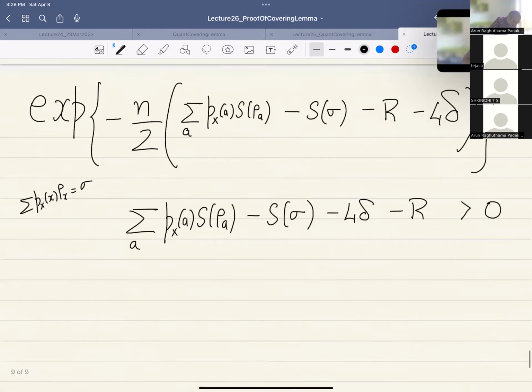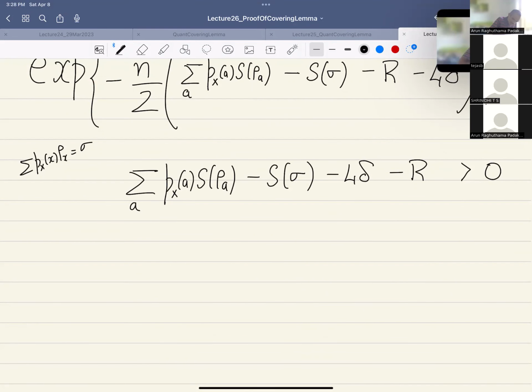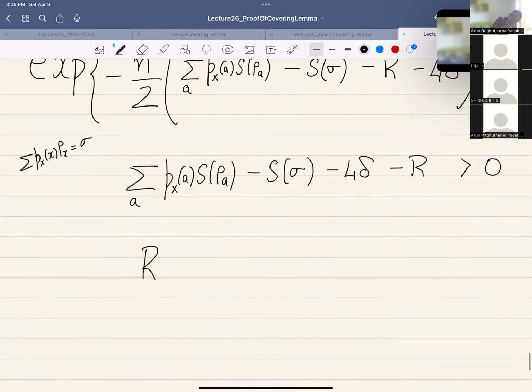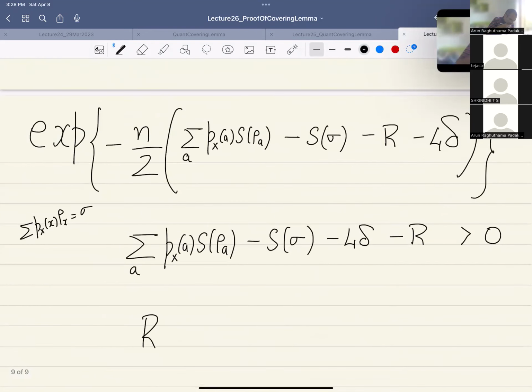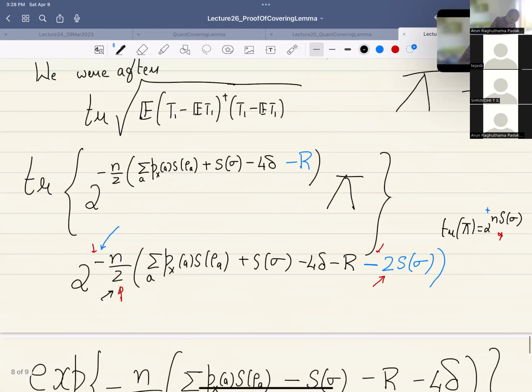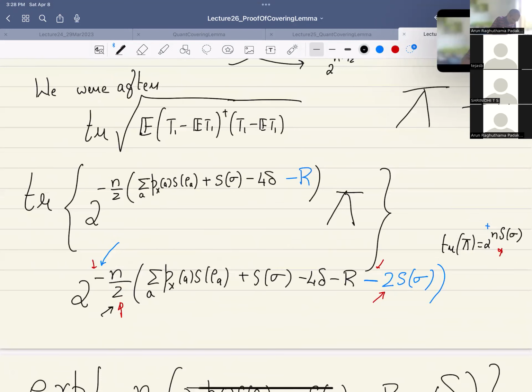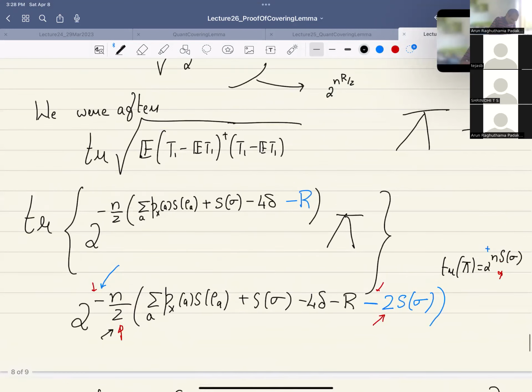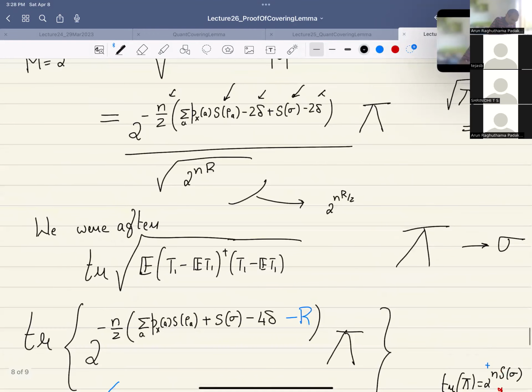We should get this to be positive, which means R is lesser than. So the M is sitting at the bottom, right?